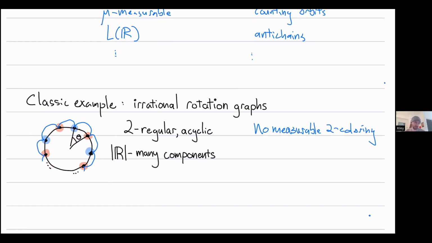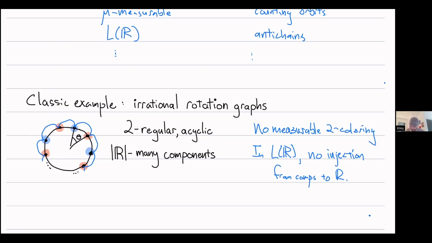In fact, under mild large cardinal hypothesis, no coloring in L of R. And also in L of R, again, you need to assume some large cardinals, but I won't go into too many details, there's no injection from the components into R.